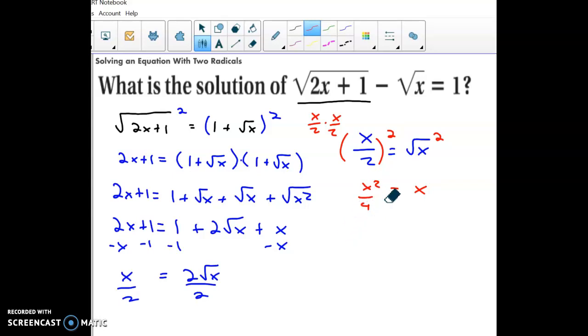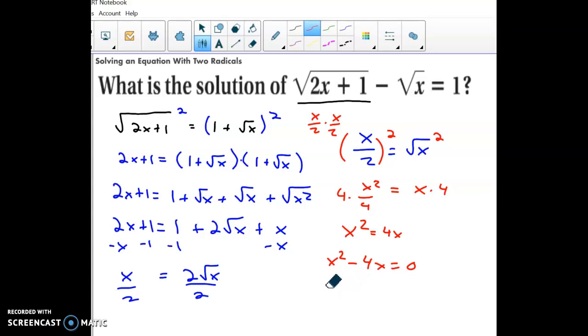Okay, so now we have an x squared and an x equation again. And probably the easiest way is going to be to get 0 on one side and factor. So let's times it by 4 to get rid of that divide by 4, and then minus 4x. Now that we have 0 on one side, we can solve with factoring.